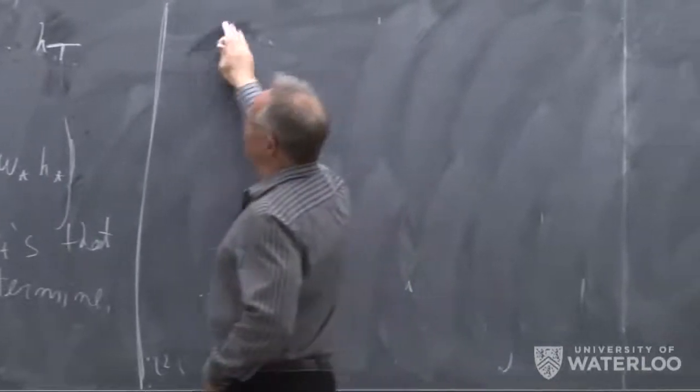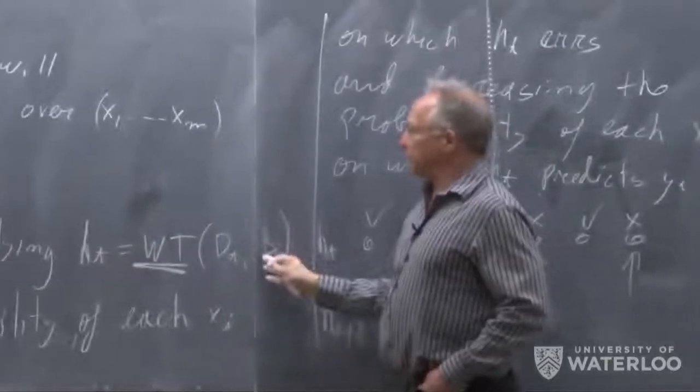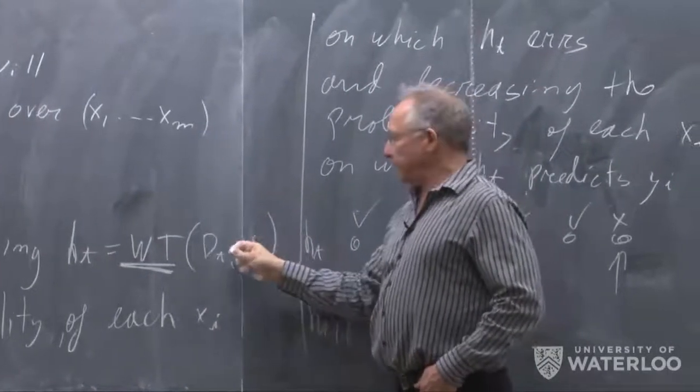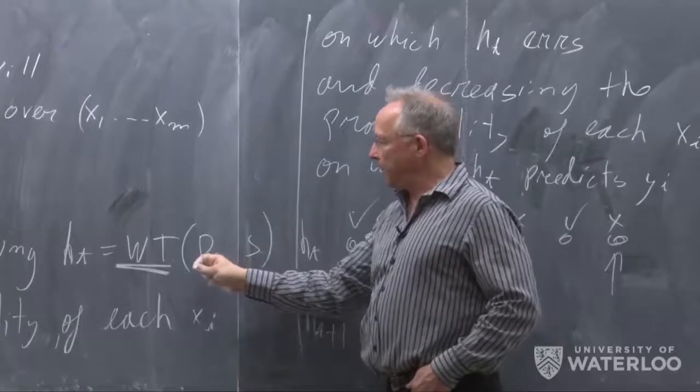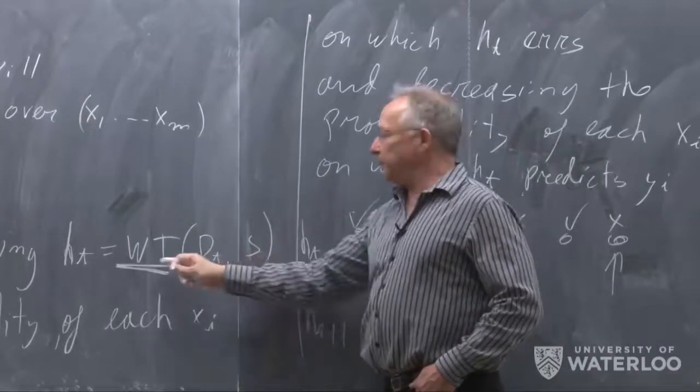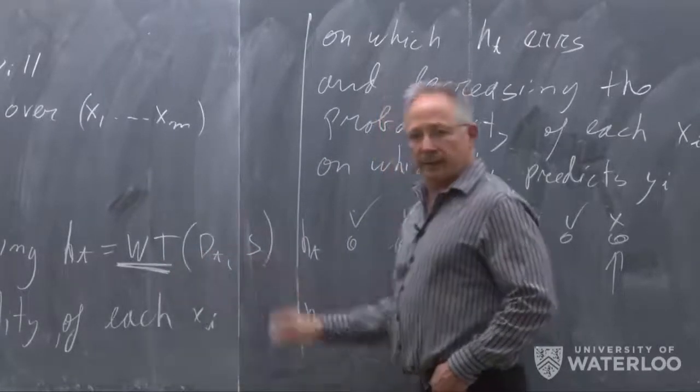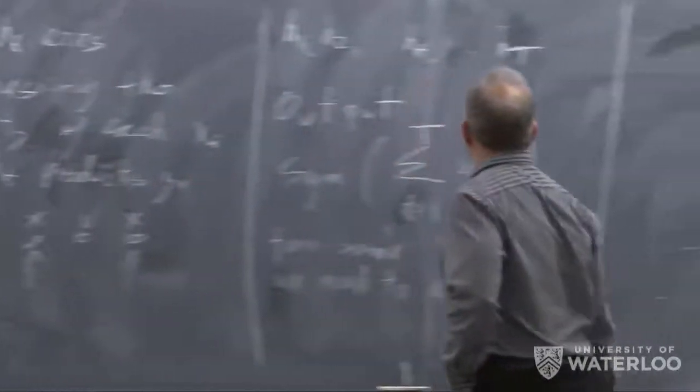So we will define... S could be generated each time or be the same set. We will take the version that it's the same set. So what do I mean by Dt on S? What do I mean by applying the weak teacher to Dt on S?